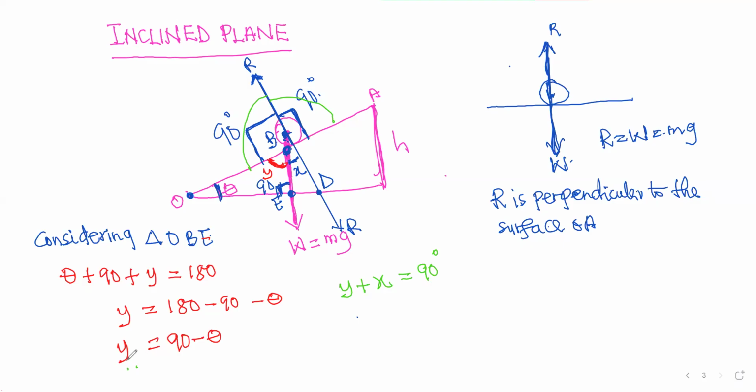Y is equal to 90 minus theta. So substitute 90 minus theta in place of y, and then help me calculate the value of x.